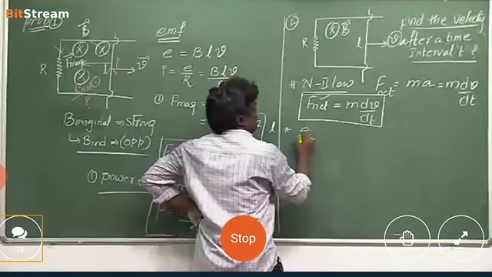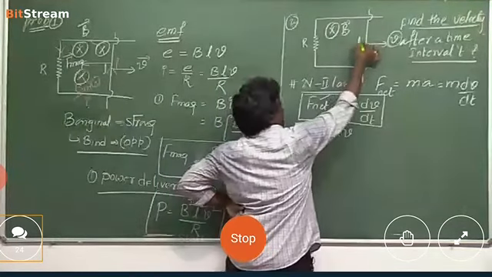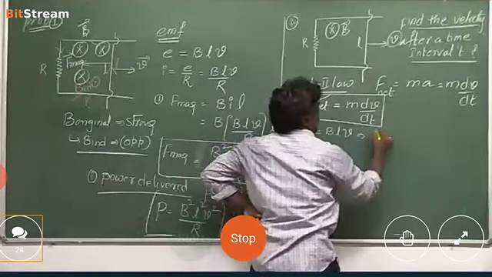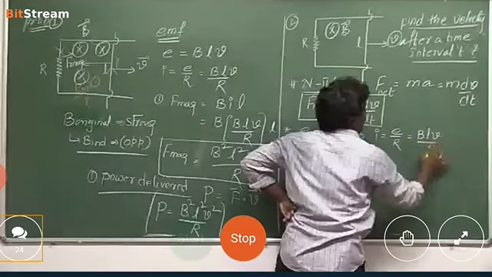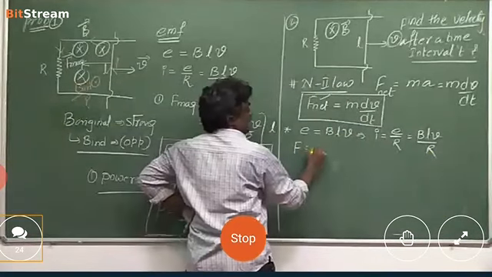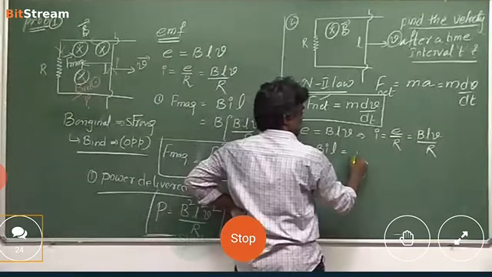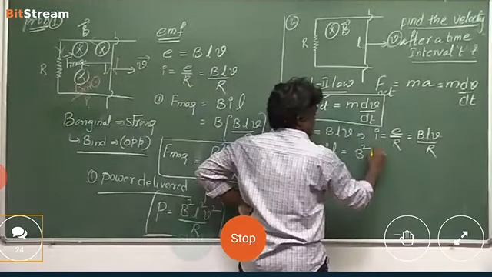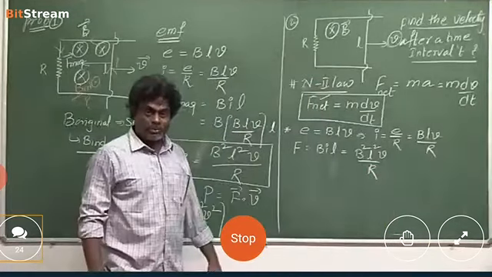How to find it? First, induced EMF. How much? BLV. BLV implies current I is E by R, BLV by R. Once you got the current, the magnetic force is BIL. How much is it? B square L square V by R. That is your force.